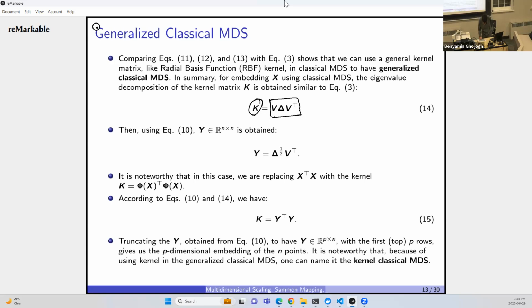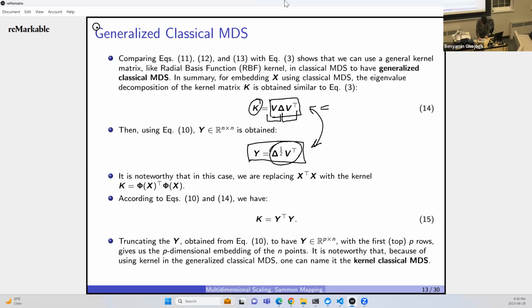Now, what was the solution of classical MDS? This was the solution: Y was delta to the power of half V transpose, right? Then simply what do we do? Can you tell me? Compare these two equations. Do you see the beauty? What is this? Half of this.